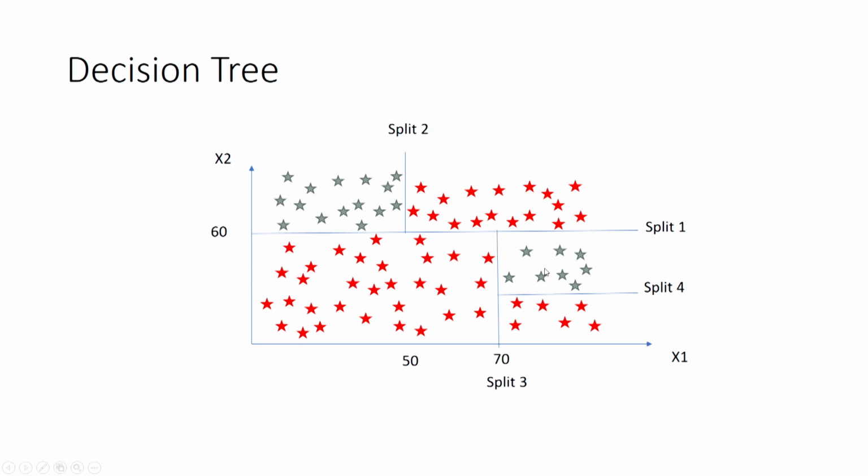In that case, again two subsets are created, and both of these are pure subsets, in the sense this subset has only green class, and this subset has those instances that belong to the red class. So after splitting, the sets that you are getting are pure, in the sense instances in those sets correspond to only one class.